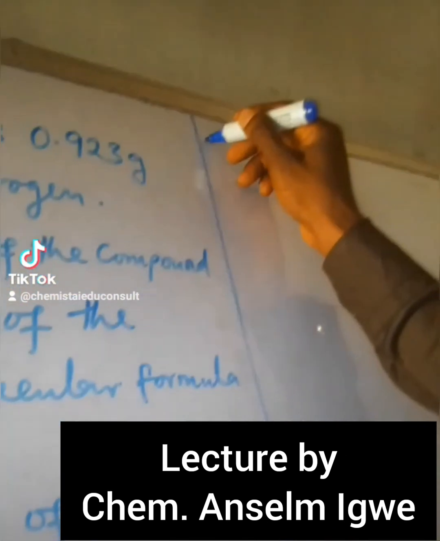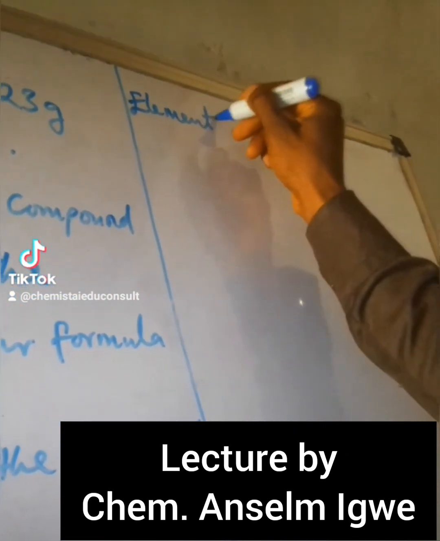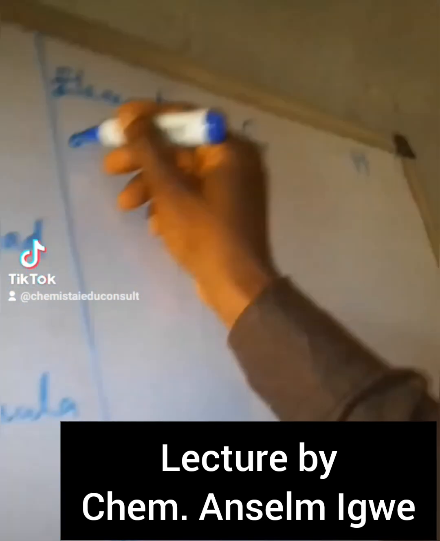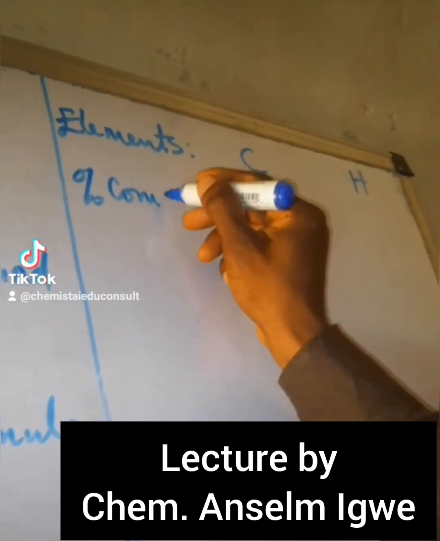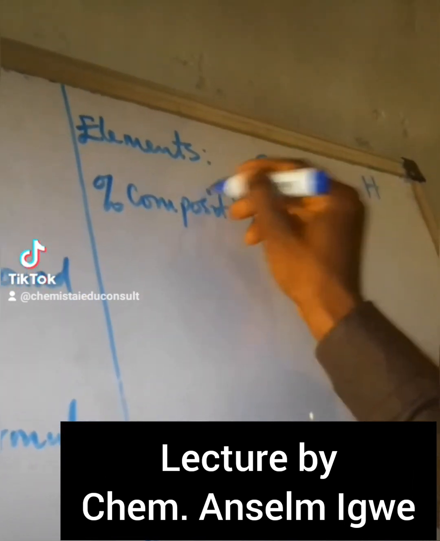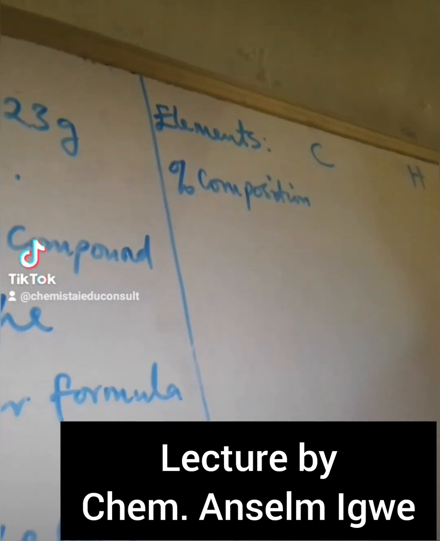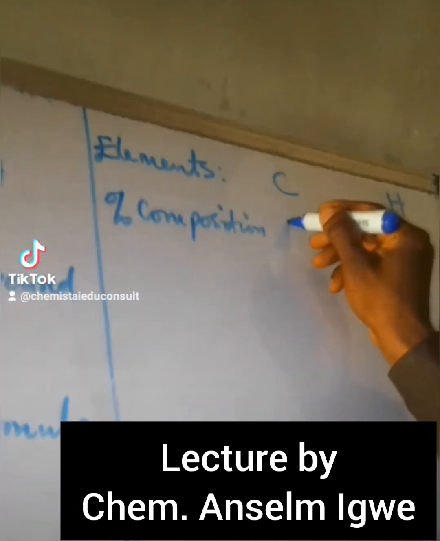So, to solve this question, we first list the elements involved. The elements involved are carbon and hydrogen. The next is to state the percentage composition. That is the proportion of each of these elements in that unknown compound.